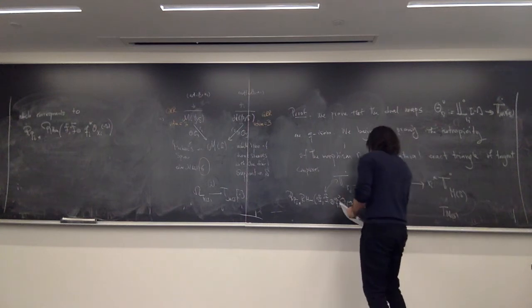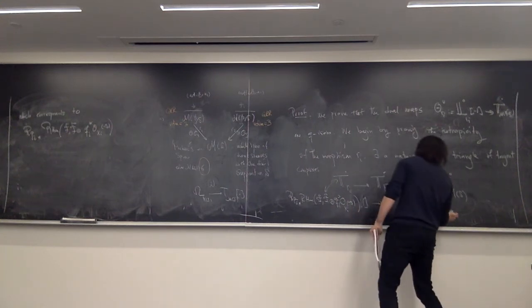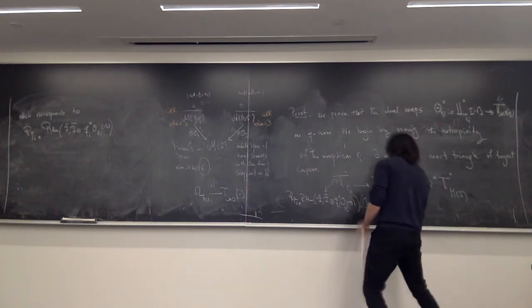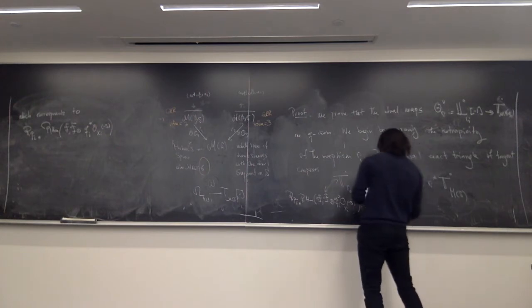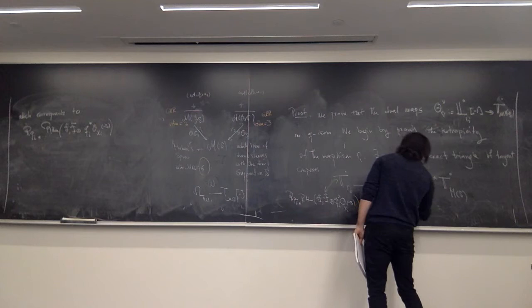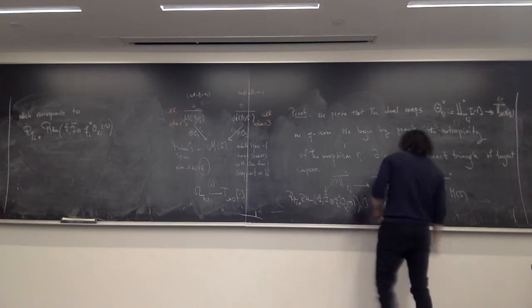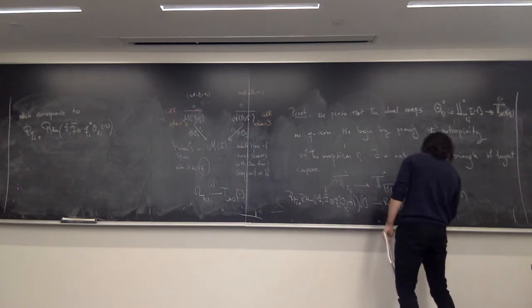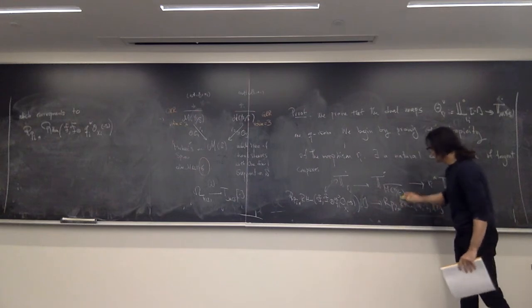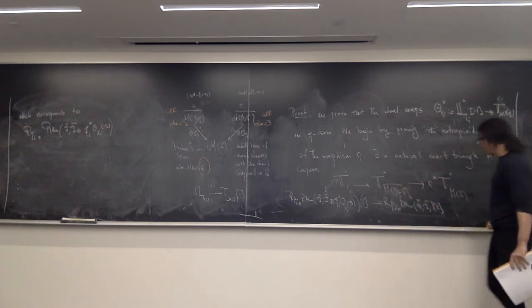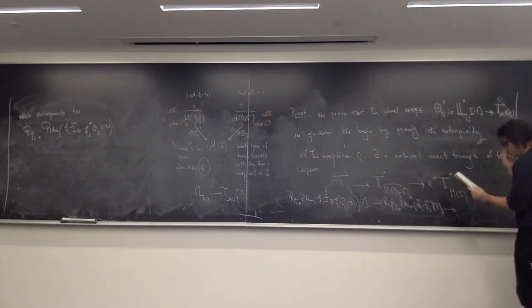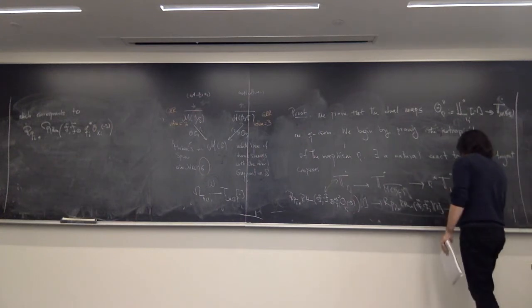And then this goes to R PI lower star of R hom FI comma FI shifted by 1. So this is this one. And then this goes to R P I.